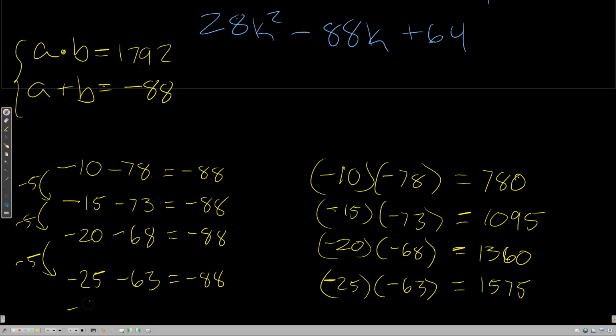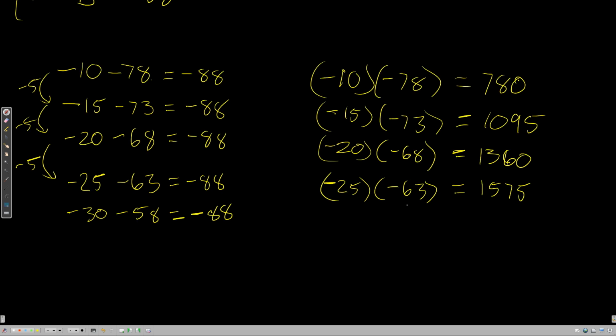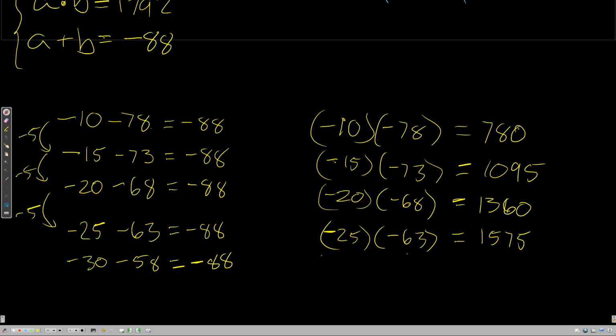Let's try minus 30 minus 58. That's negative 88. And the product of negative 30 and negative 58, there I'm getting 1740.